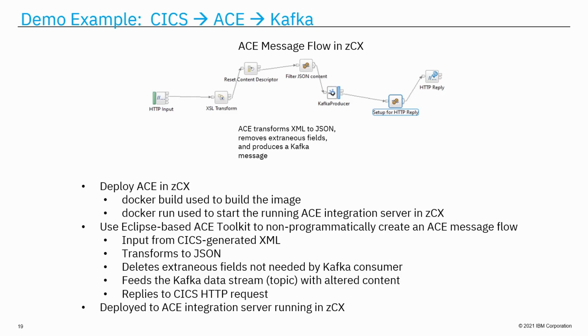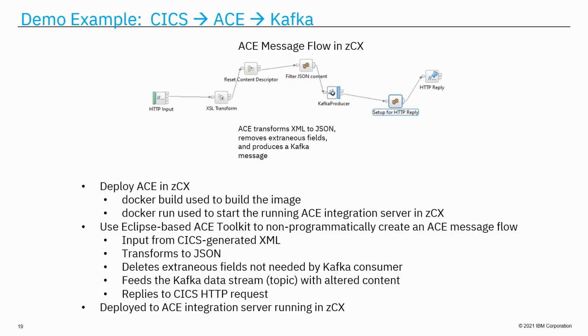It's going to create this message flow, and it's going to take the input from the Kix generated XML. It's going to transform it to JSON, delete the extraneous fields not needed by the Kafka consumers, and then it's going to feed that Kafka data stream and put it in a topic in Kafka that's also running, in this case, in zCX with the altered content.